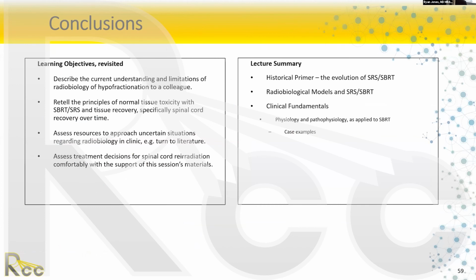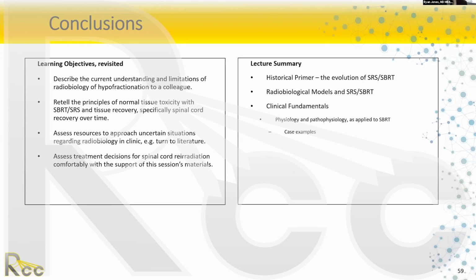So go back to those learning objectives: to describe the current understanding and limitations of some of our radiobiology of hyperfractionation to a colleague, to retell some of the principles of normal tissue toxicity depending on its alpha beta, how it might respond to doses of a certain size, and then spinal cord recovery, and resources to approach uncertain situations.